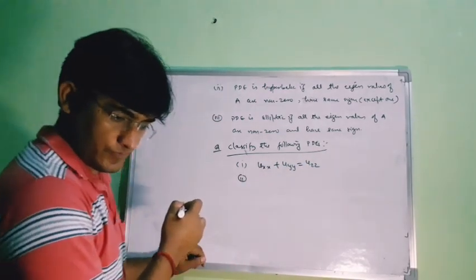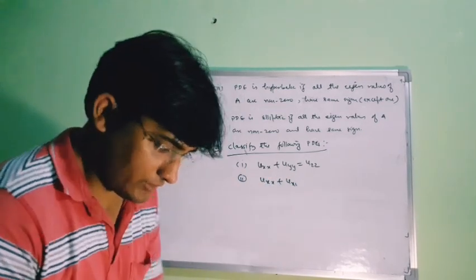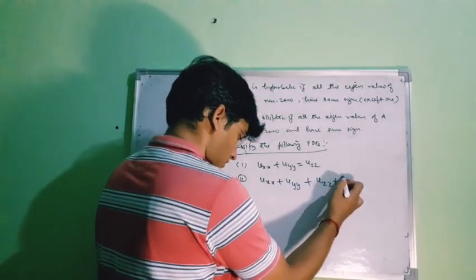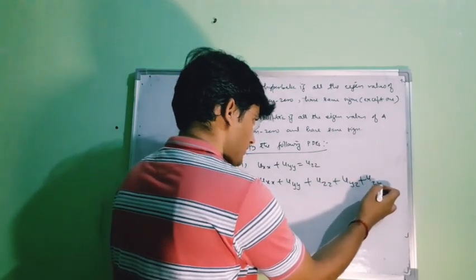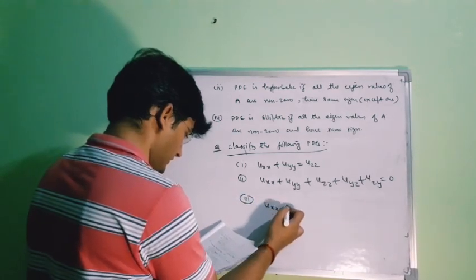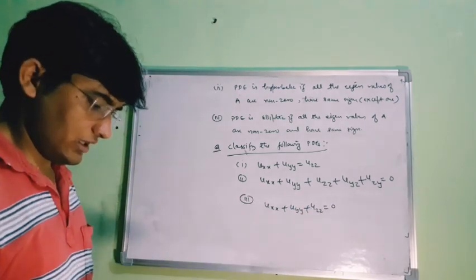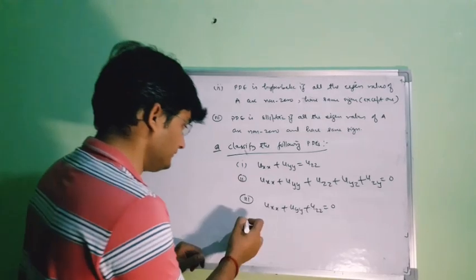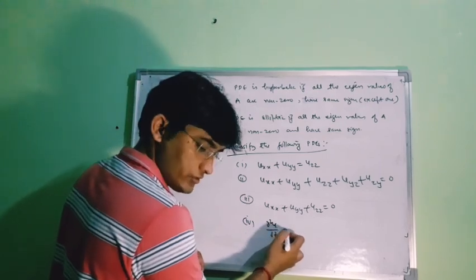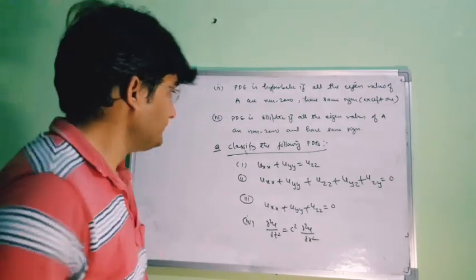The second one is uxx plus uyy plus uzz plus uyz plus uzy equal to 0. Then the third case is uxx plus uyy plus uzz equal to 0, which is your Laplace equation. And the fourth one is del 2 u upon del t2 equal to c square del 2 u upon del x2, which is your one-dimensional wave equation.